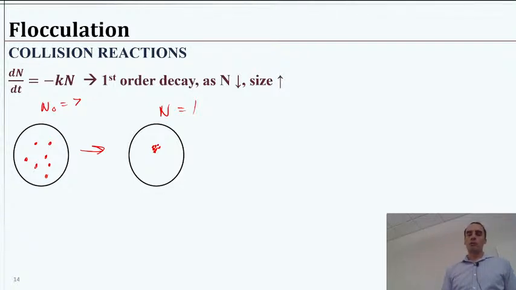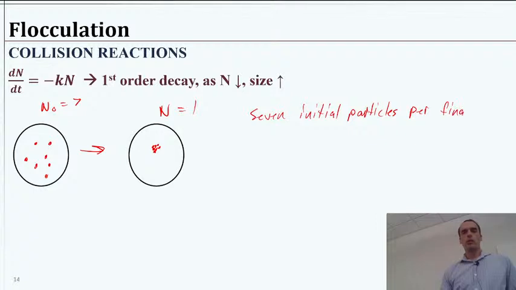And the way we can describe this is to say we have 7 initial particles per final one. So how much larger is the final particle in volume? Yeah, just 7 times larger, right?